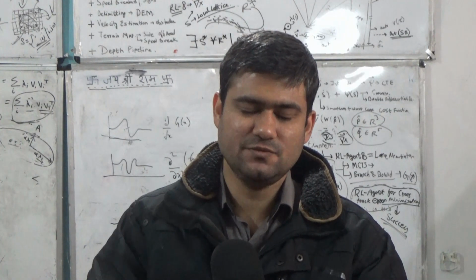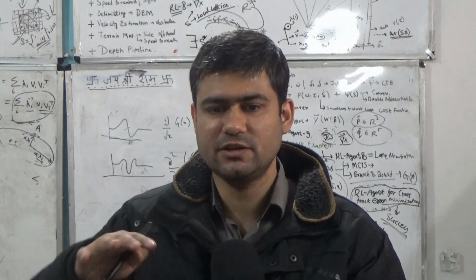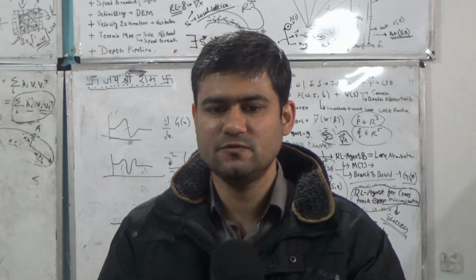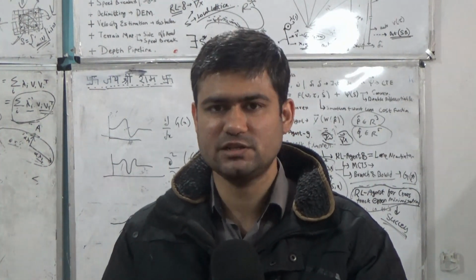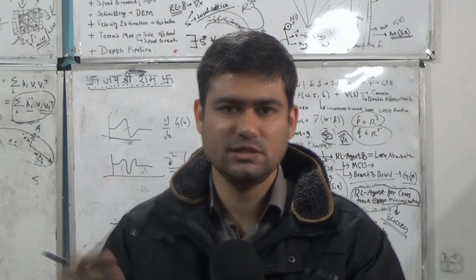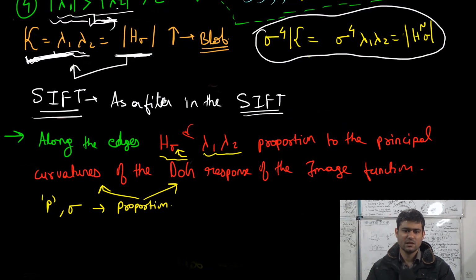As we discussed earlier as well, when we are using it as an eliminator, we typically use it in the blob detection pipelines that are based on LoG or the difference of Gaussian detectors. So these eigenvalues are proportional to the principal curvatures of the DoG response of the image function.